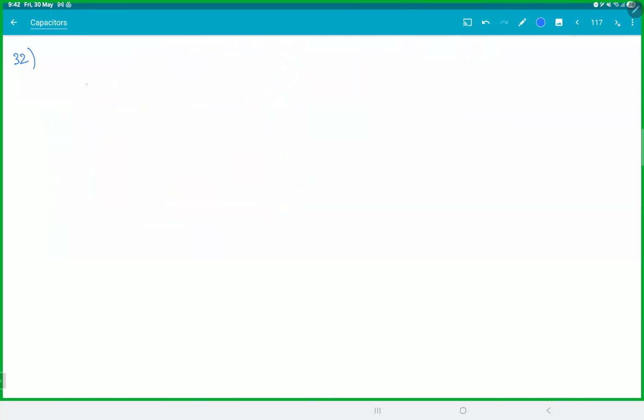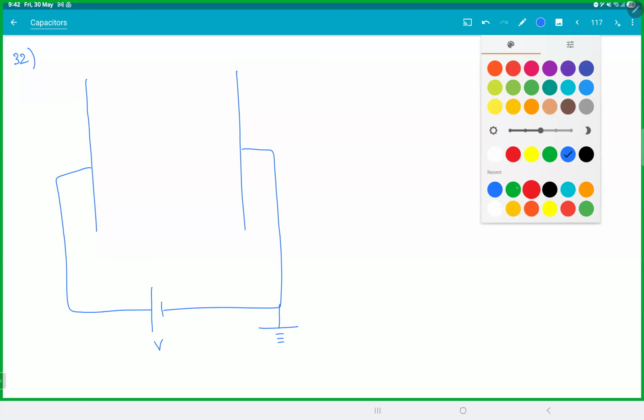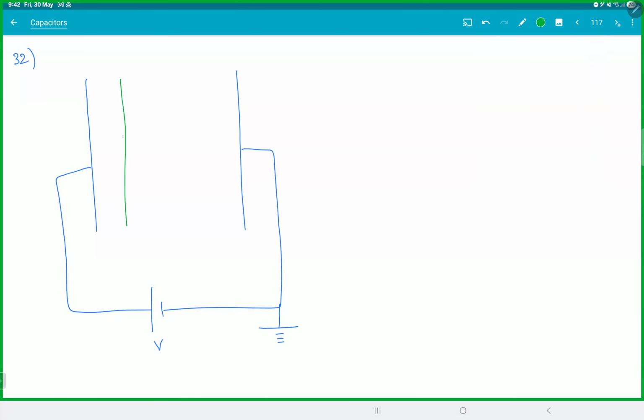This is another good one. I can combine 2-3 questions together in this. You have two parallel plates. This would be a decent more than one choice or a paragraph. This is voltage V. This is grounded. We have a dielectric slab here, K. We also have a conducting slab in the middle.